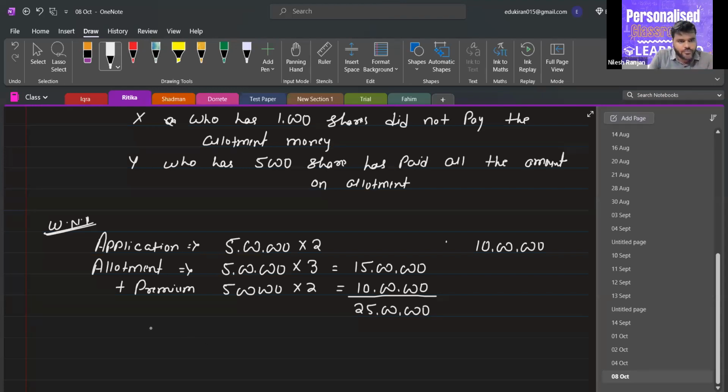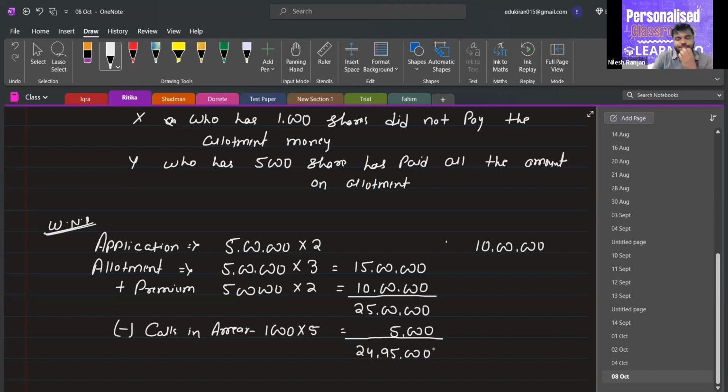We have to deduct the calls in arrear, on 1,000 shares at the rate of 5. So 5,000 here. And now it is completed.